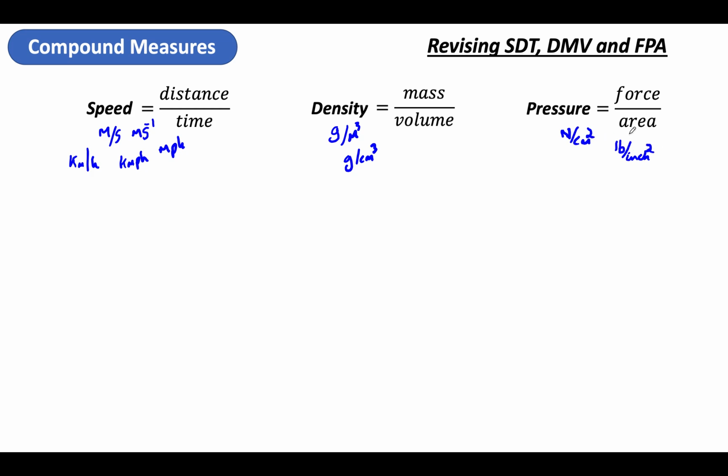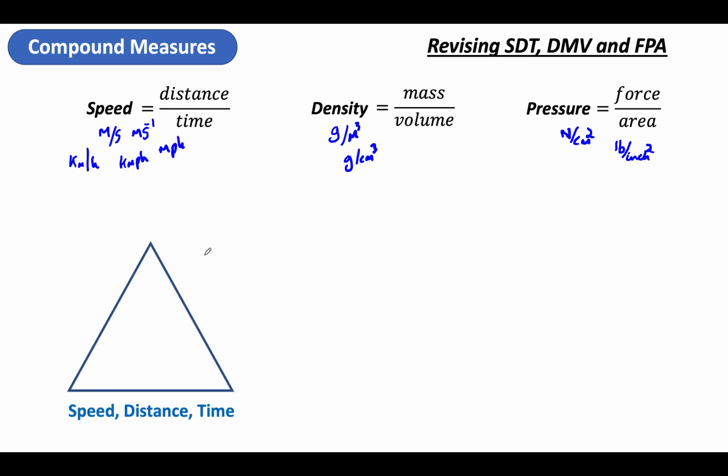Force per area. Okay, and you should hopefully remember our three triangles. We've got our speed, distance, time triangle. These help us work things out. Speed, density, or pressure is always in the bottom left, and then you go round. So speed is distance over time, so SDT.